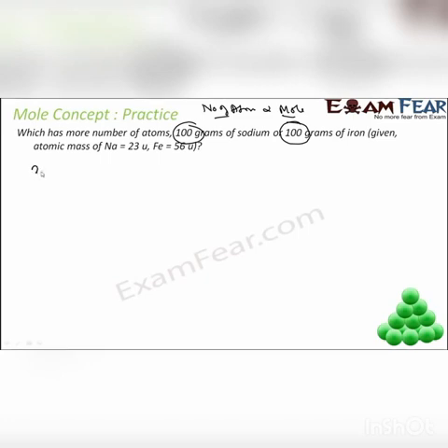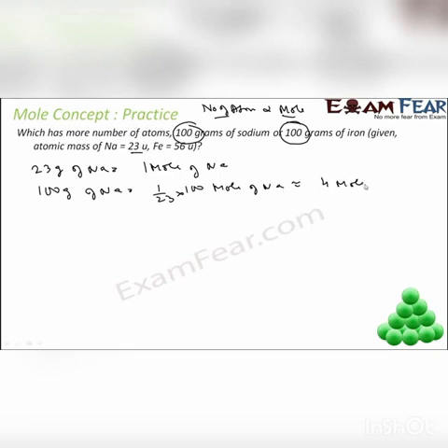So for sodium, 23 is the atomic mass, so 23 gram of sodium is 1 mole of sodium. So 100 gram of sodium is what? It is 1 by 23 into 100 mole of sodium, approximately 4 mole of sodium.